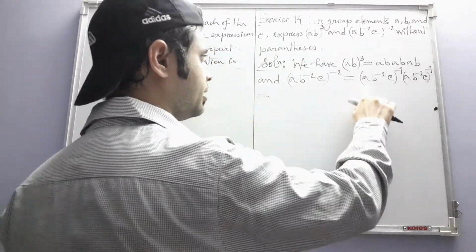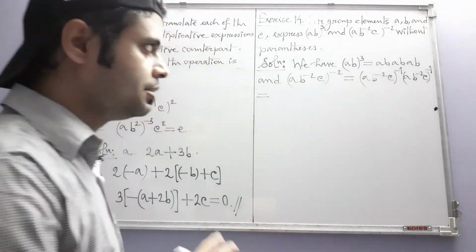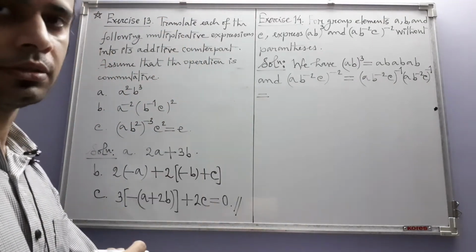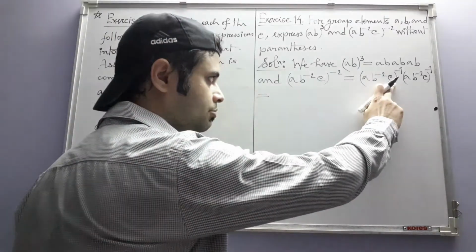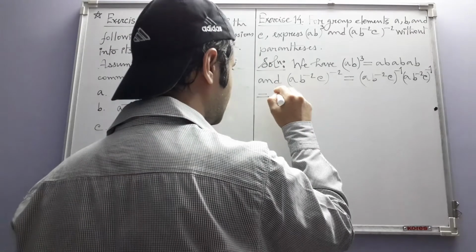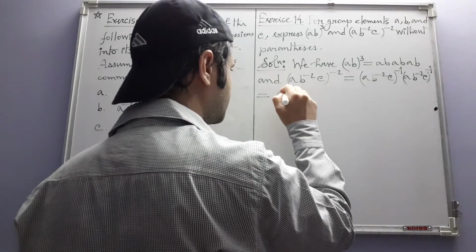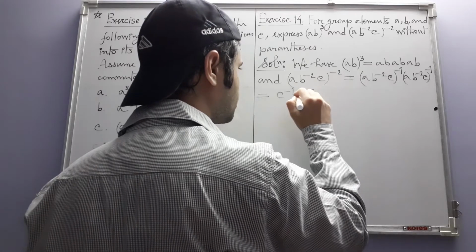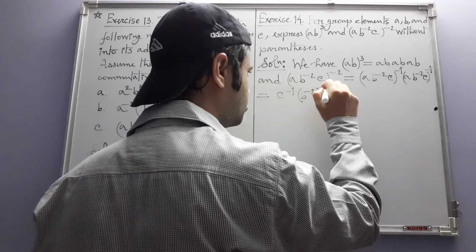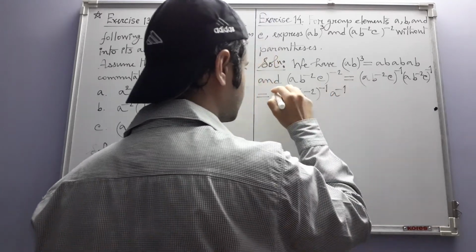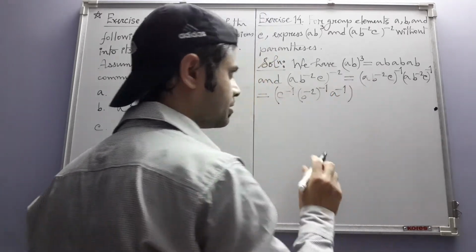Now we can take the inverses of these three elements individually. The only thing is that the order in which they are now written will be reversed. So first we will have C inverse, then b to the power minus 2 inverse, and then a inverse. We are still using brackets, keep that in mind.